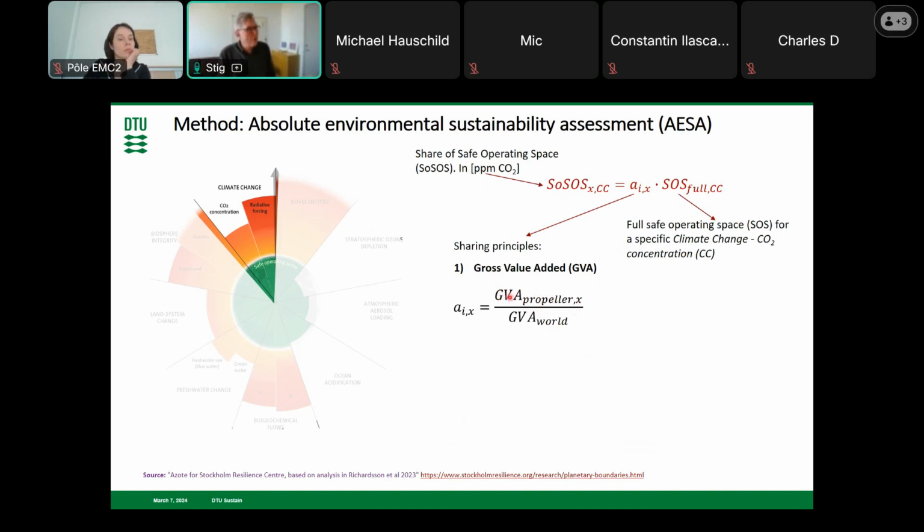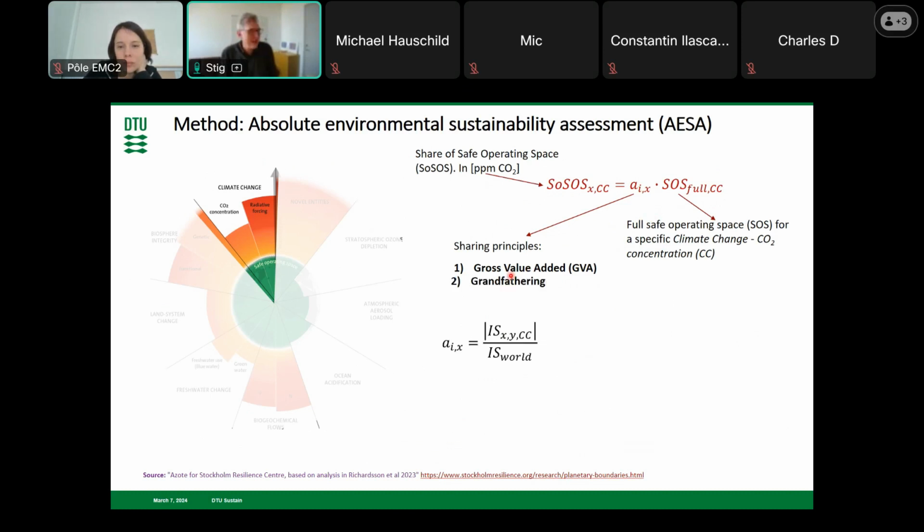So this is, of course, a very small share. In this case, we're at about 10 to the minus fifth, which makes sense, since propellers make up a very small part of the overall gross value added in the global economy.